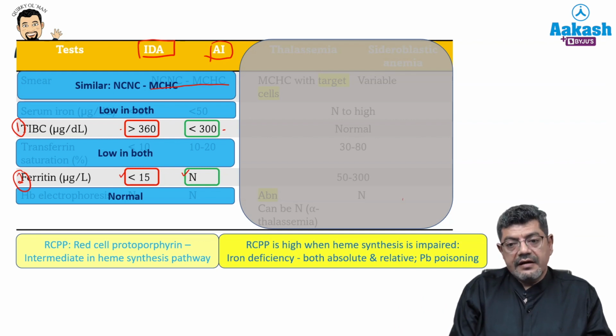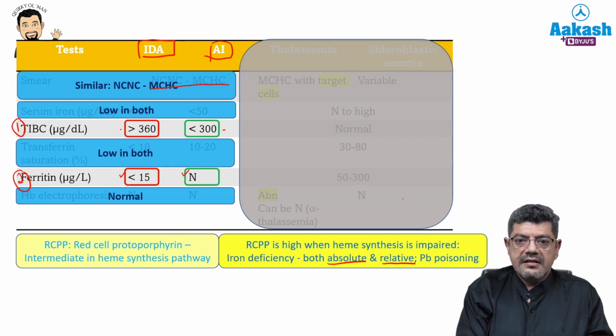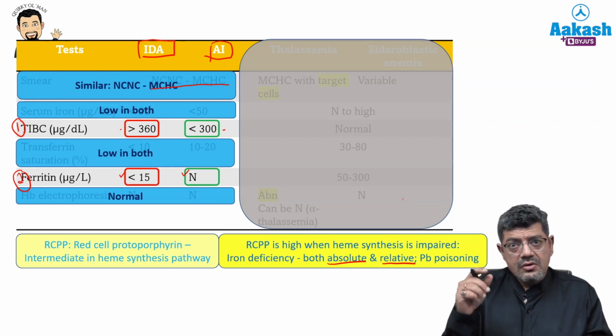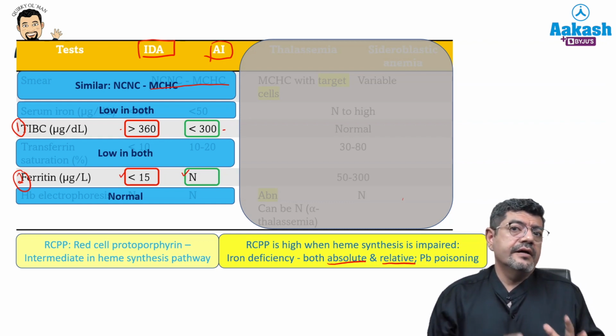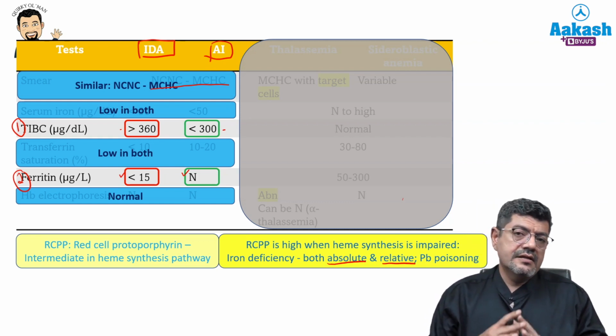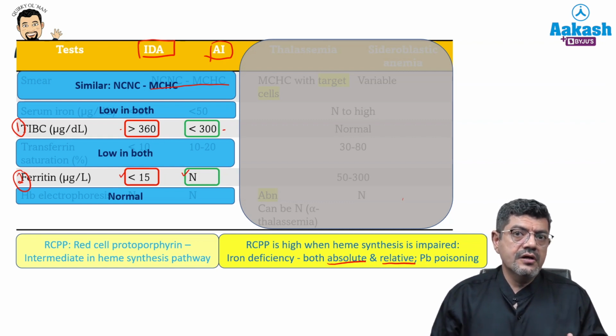Now, what is relative iron deficiency? Absolute deficiency is iron deficiency anemia. Relative iron deficiency is where iron is available in the body but not available for RBC production, and that's anemia of inflammation. So red cell protoporphyrin levels will be elevated in both IDA and anemia of inflammation. That test will not help to distinguish one of these entities from the other.